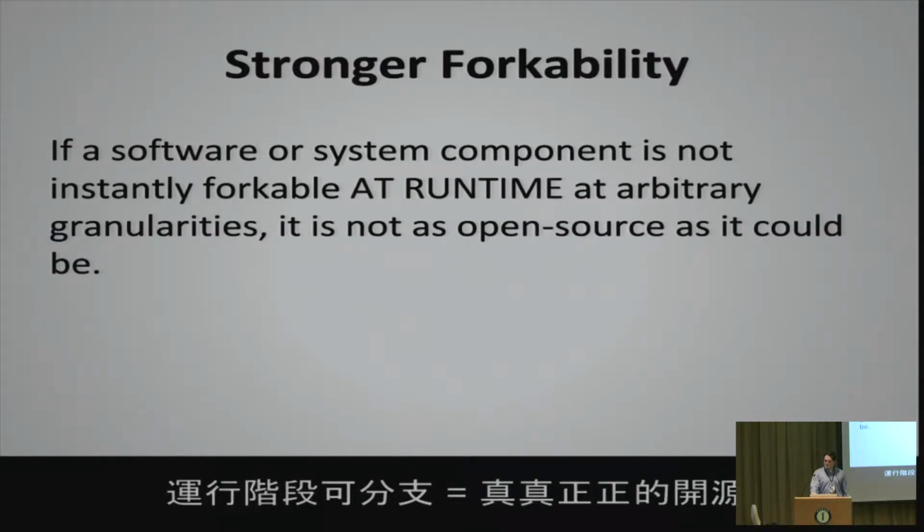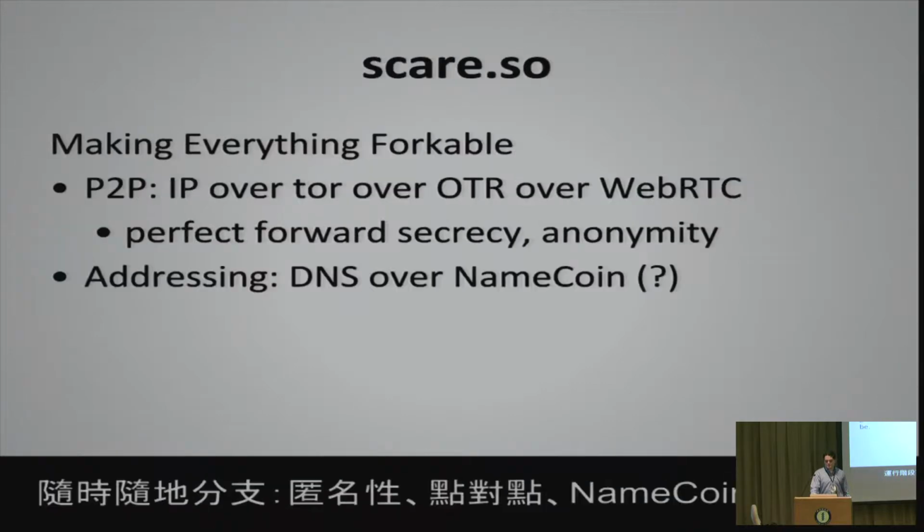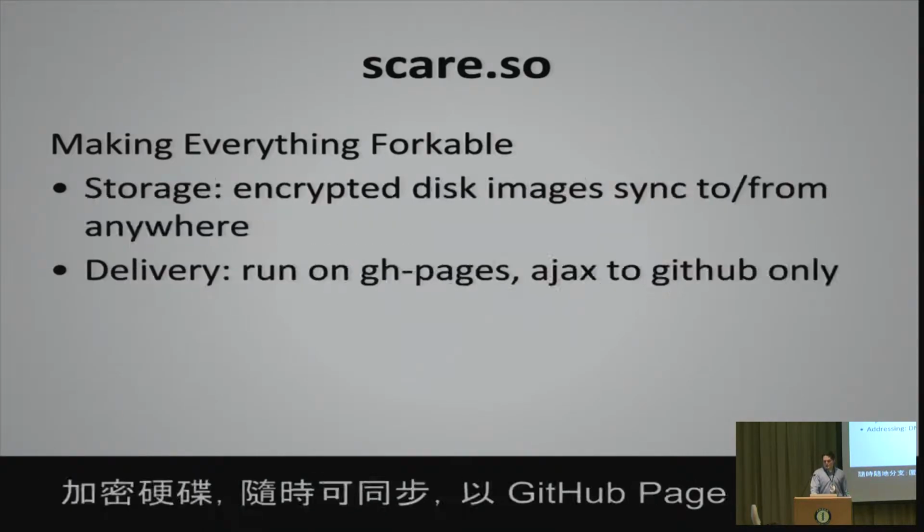So here's an even stronger claim: if a software or a system component is not instantly forkable at runtime at the same level of arbitrary granularity, it's also not as open source as it could be. So these may sound outlandish, but just stick with me here. So what I'm proposing here is a new system, a new web platform, in order to make everything forkable. And I'm just going to go through a few of the components here in these 3 slides.